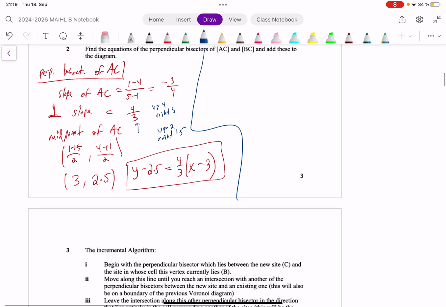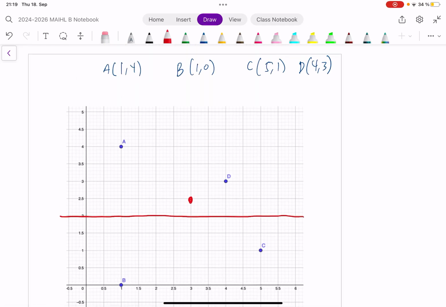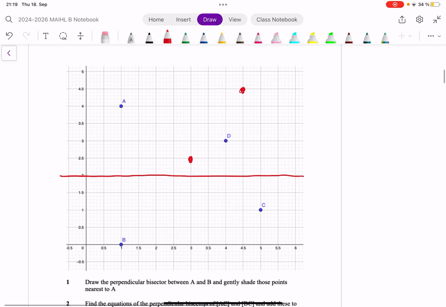If I half everything, it's still the same ratio. So I could go up 2. That would be up 1 is there, up 2 is there, and right 1.5. So that's right 1, that's right 1.5. Is there. And I could do the same thing. I could go down 2, so down 1, 2, and left 1.5. Right, so I end up with this line.